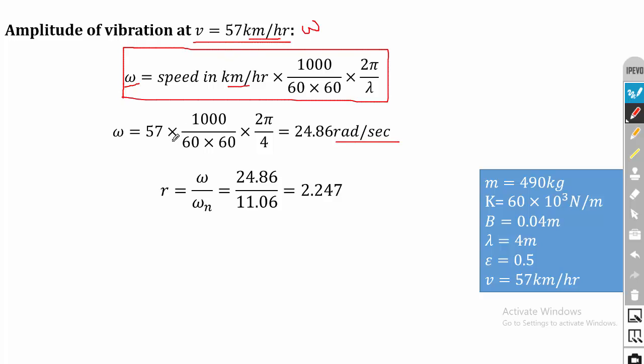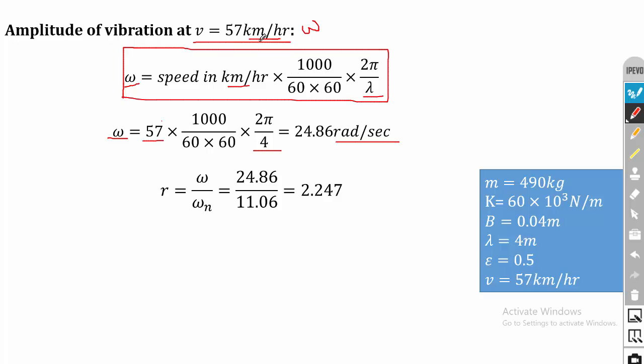You can substitute the value of velocity, that is 57 km per hour, into 1000 divided by 60 into 60 into 2 pi divided by lambda, which is 4. Then we will get omega in radian per second, that is 24.86 radian per second.